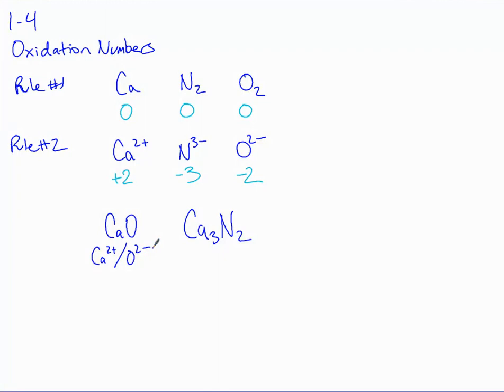And their oxidation numbers are +2 and minus 2. This is a neutral compound, and so their oxidation numbers need to equal 0. Plus 2 and minus 2 equals 0. This would be a neutral compound.